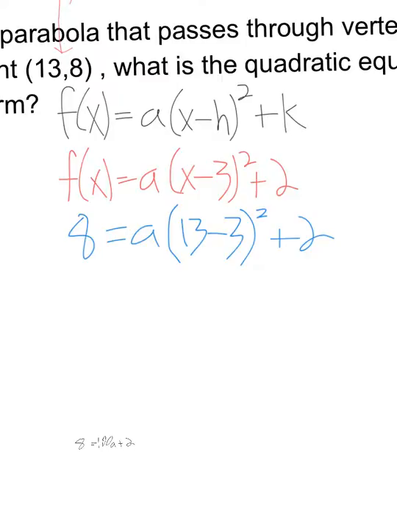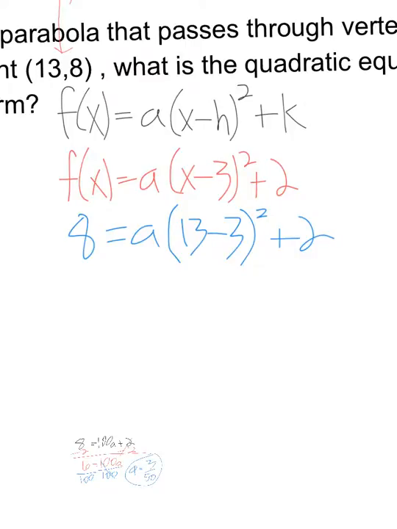All right, so we're going to get some ridiculous answer for our a because I have to subtract 2. And so 8 minus 2 equals 6. So 6 equals 100a. So divide both sides by 100. And 6 over 100 simplifies to 3 over 50.